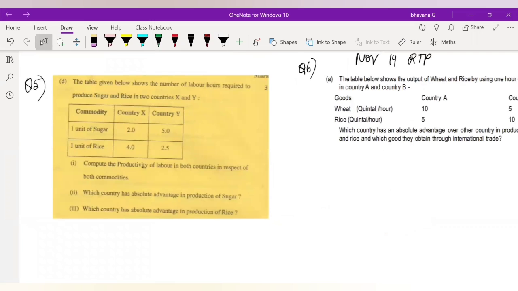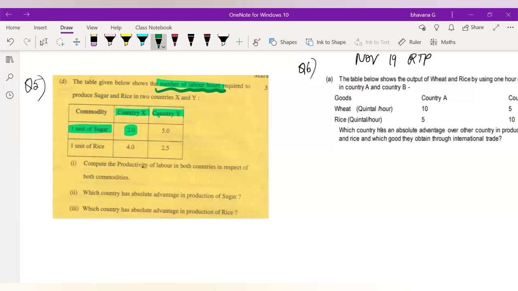Next, we are going to move on to question number 5. So in question number 5, the table given below shows the number of labor hours required to produce sugar and rice in two countries X and Y. So here they have given you that this is country X, this is country Y. Here you have for producing 1 unit of sugar, you use two labor hours. Here see they have given you the number of labor hours.